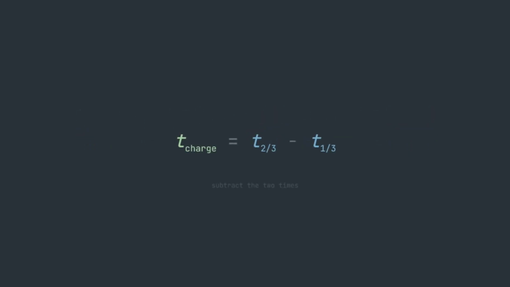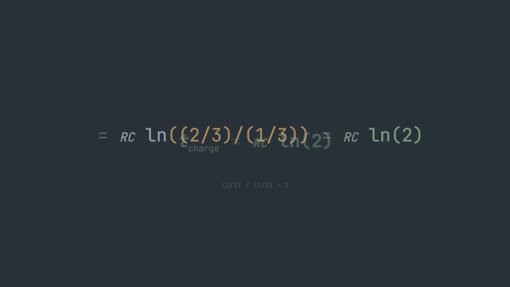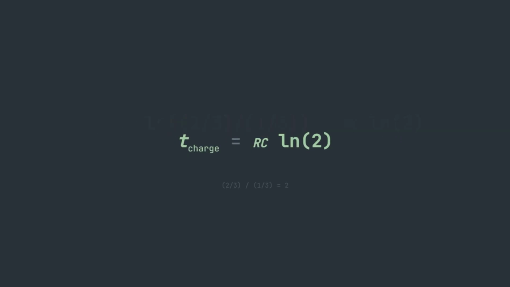2/3 by t 1/3 to get the amount of time to charge as RC times the natural logarithm of 2, and since we need a charge and discharge, which takes the same amount of time, we multiply this by 2 to get 1.386 RC equals the total period.